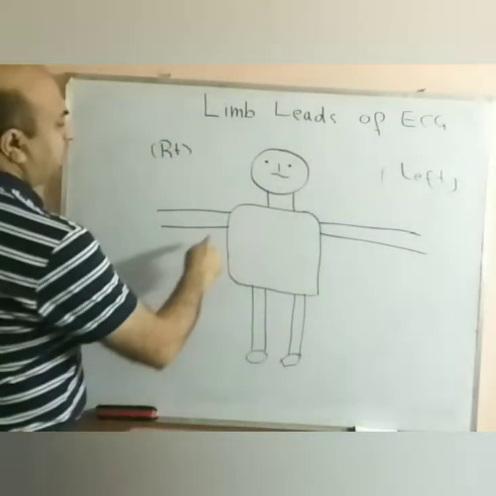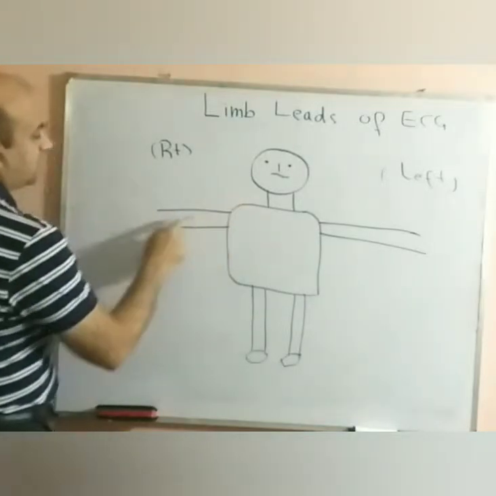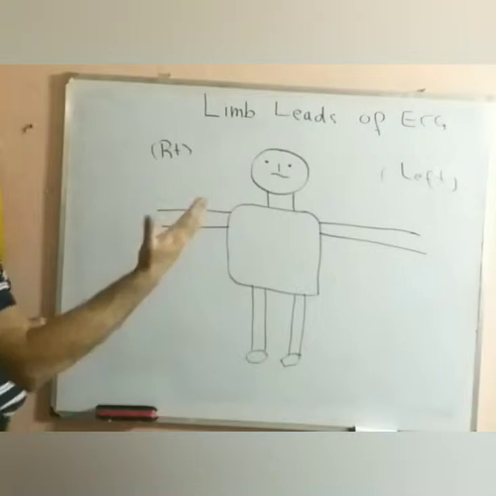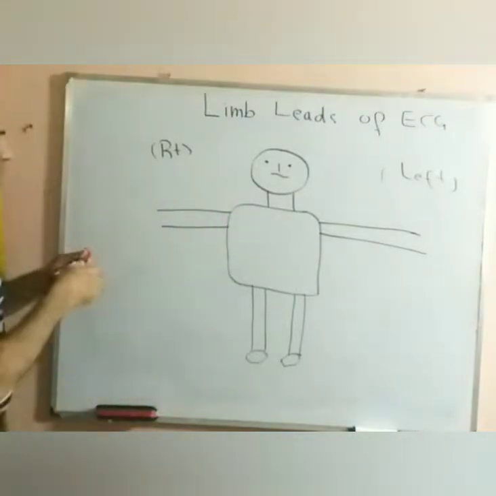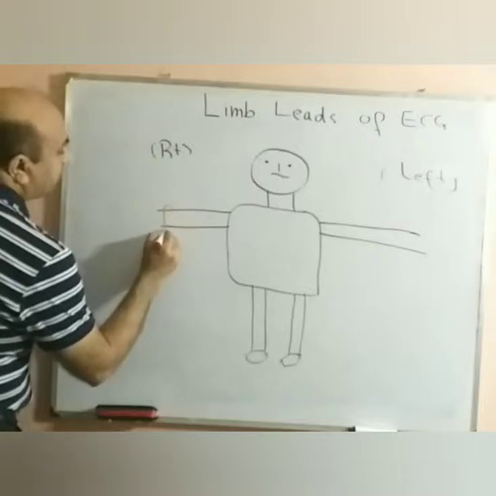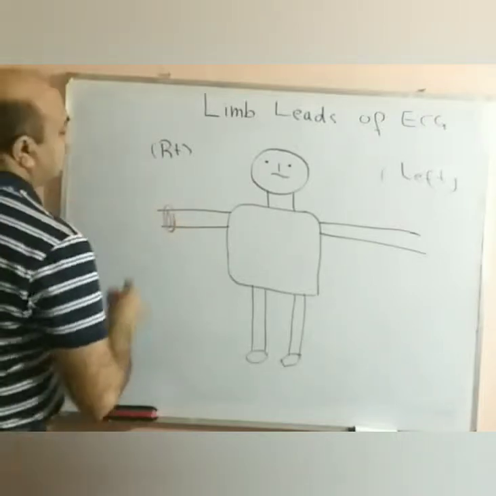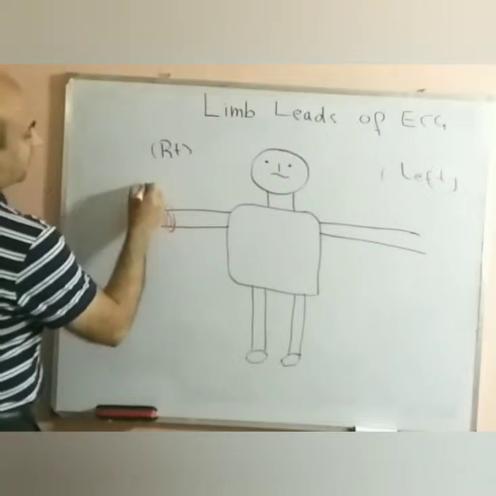Though he could have placed the lead anywhere from the shoulder up to the forearm or hand, preferably he placed it on the right arm. The lead he placed on the right arm is red in color.